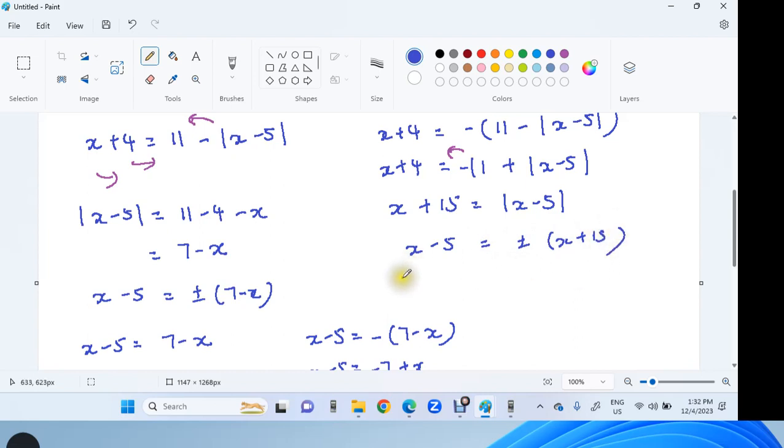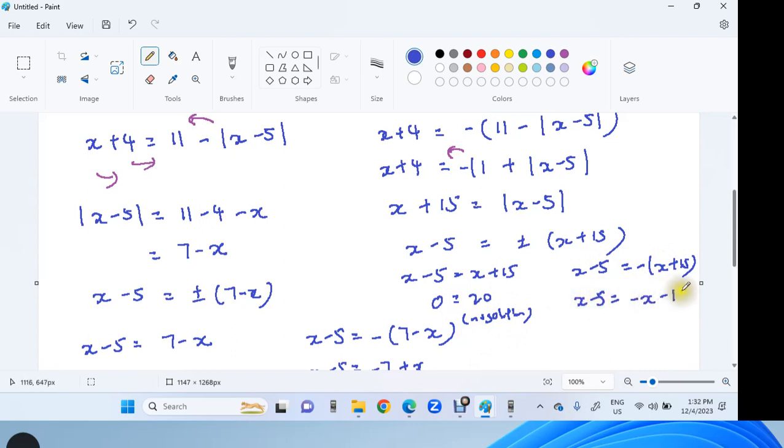So I have x minus 5 equal to x plus 15, and x minus 5 equal to negative x plus 15. Over here, I have 0 equal to 20. This one, no solution. And for this one, I have x minus 5 equal to negative x minus 15. I have 2x equal to negative 10, x equal to negative 5.